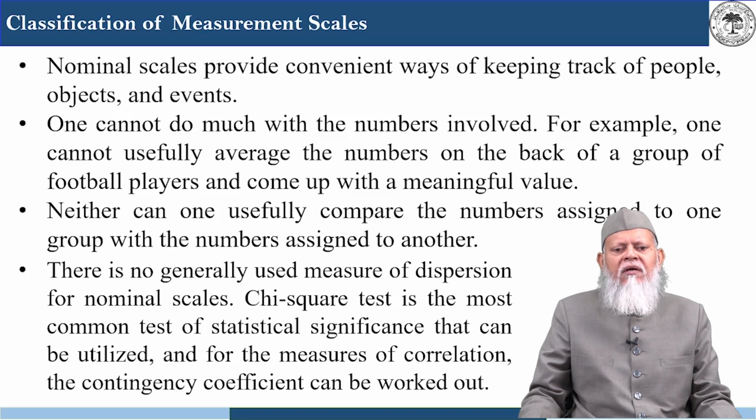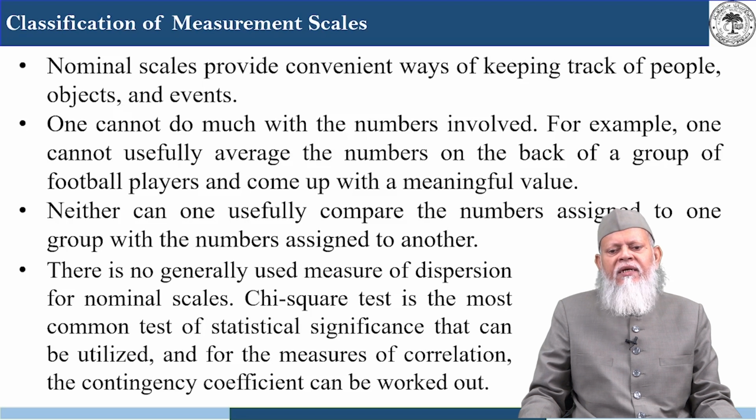One cannot apply statistical, mathematical and arithmetic operations with the numbers involved. For example, one cannot usefully average the numbers on the back of a group of football players and come up with a meaningful value.